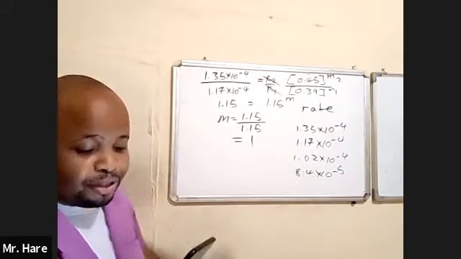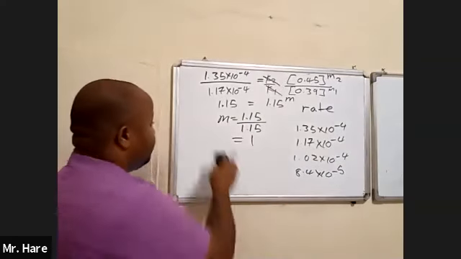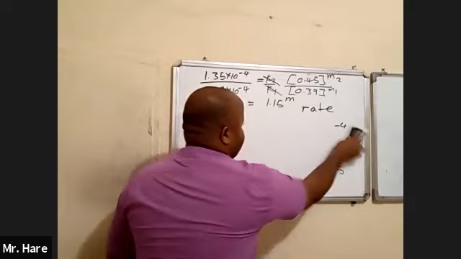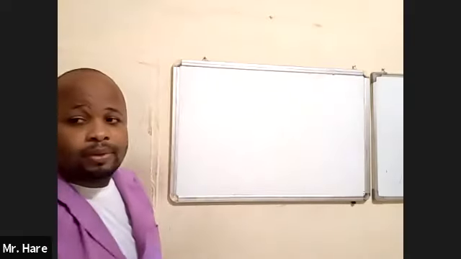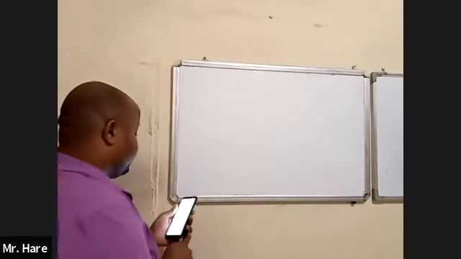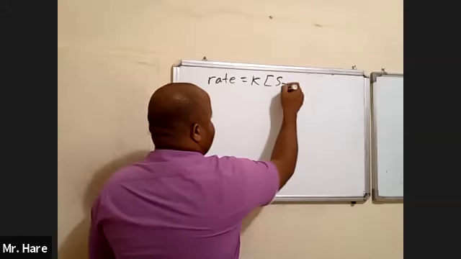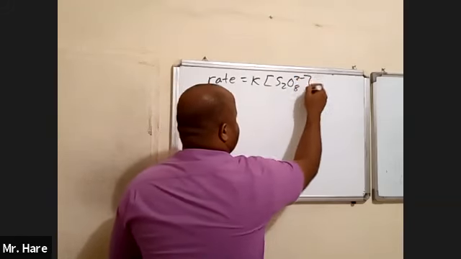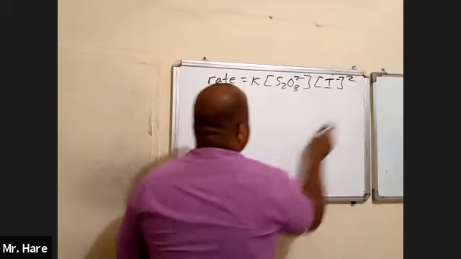Then it says calculate the rate constant. So to calculate the rate constant, you would choose an experiment. Rate is equal to K times S2O8 2 minus times I minus squared.